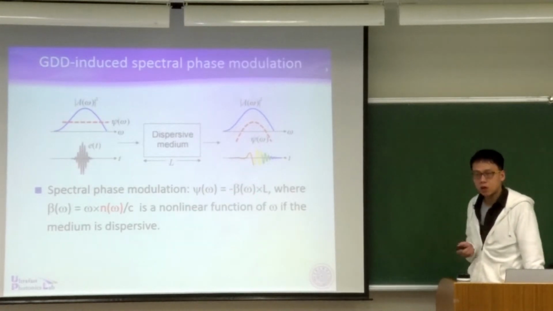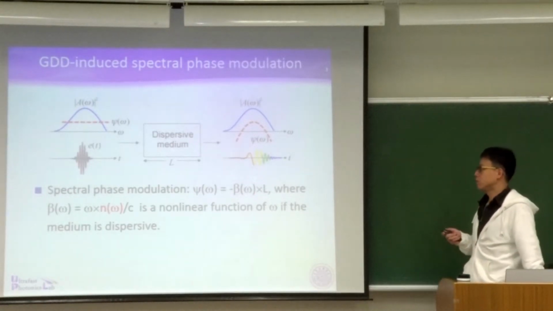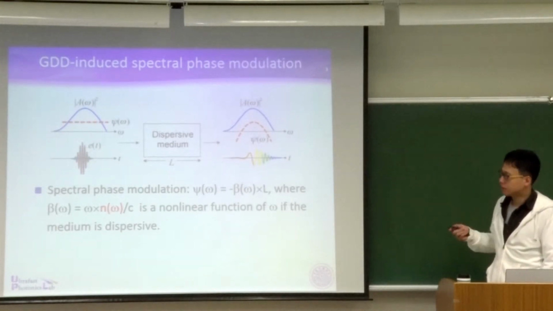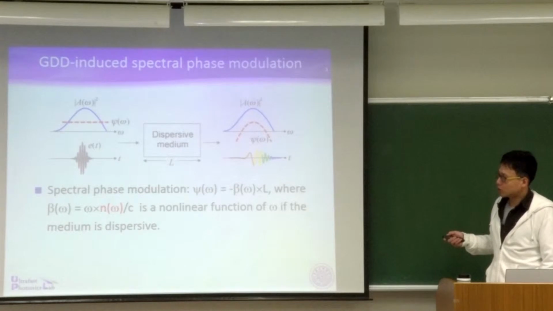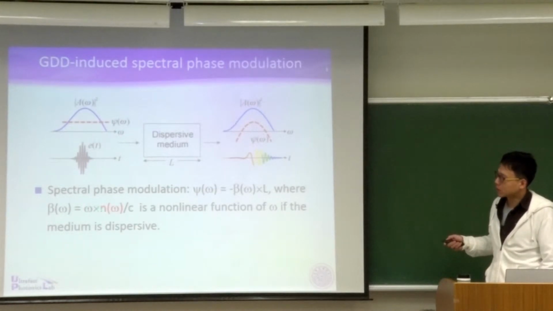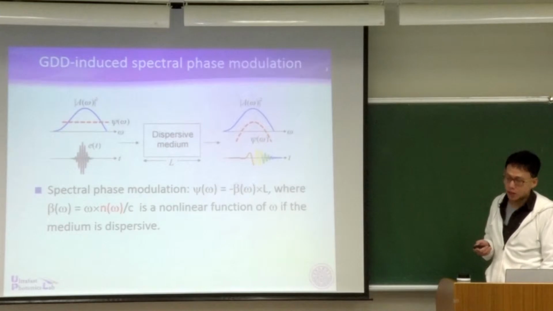How about beta of omega? We know it means the propagation constant of the medium, which is usually formulated in this way: omega times index of refraction over light speed in vacuum, c. Basically it's index times the wave number in vacuum, omega over c.